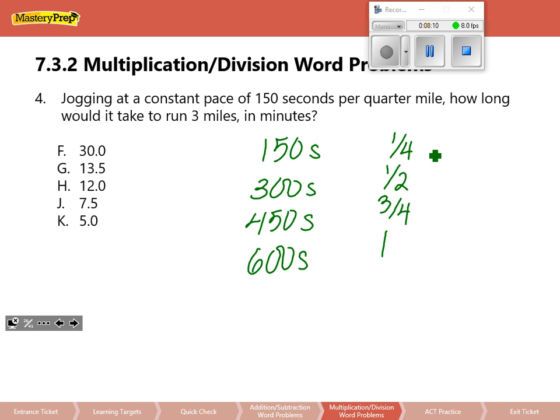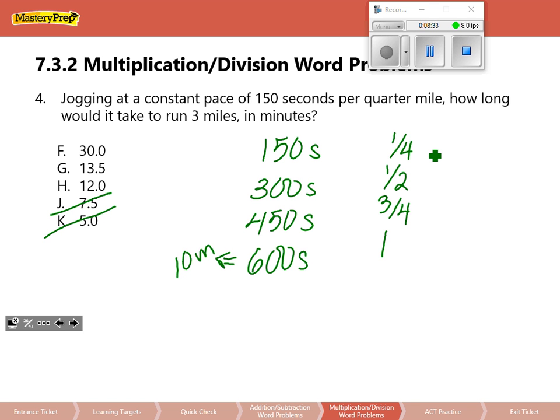Well, what is 600 seconds in minutes? The 600 divided by 60 is? So for them to go 1 mile, it takes 10 minutes, yes? So is 7.5 or 5 possible choices?